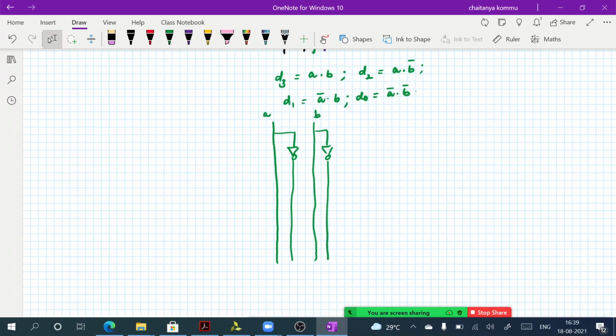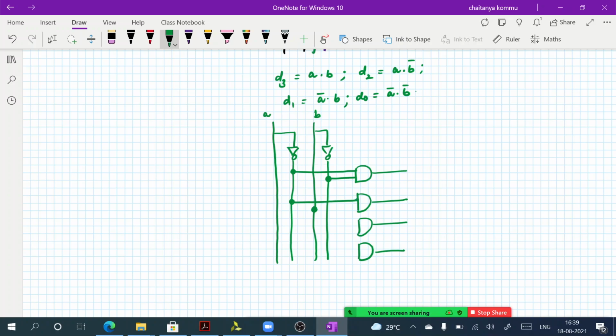Now we have to write one AND gate, a second AND gate, a third AND gate, and a fourth AND gate, and write their outputs. Here is A bar, B bar.